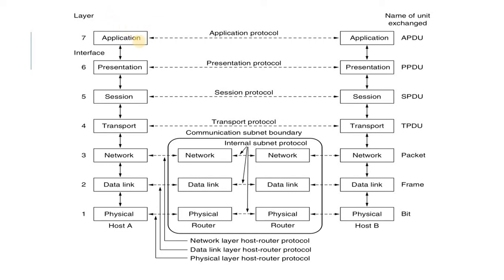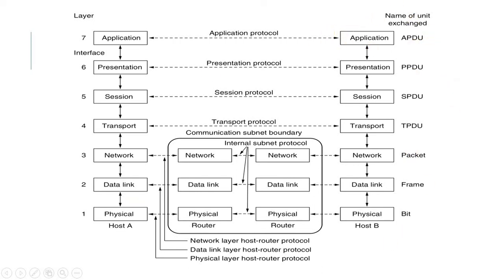So on the sender side, the application layer is the first layer and the physical layer is the last layer, while on the receiver side, the physical layer is the first layer and the application layer is the last layer, because after passing through all these layers, the data is received at the receiver host.